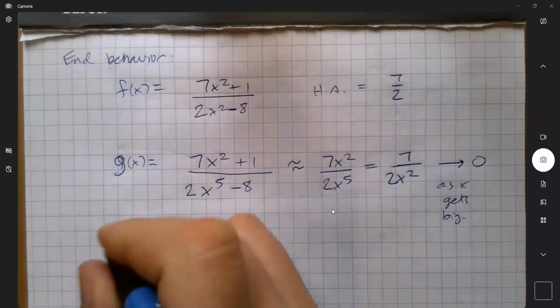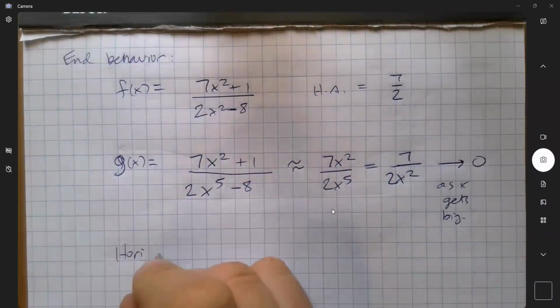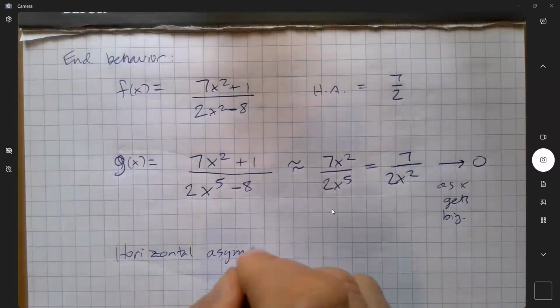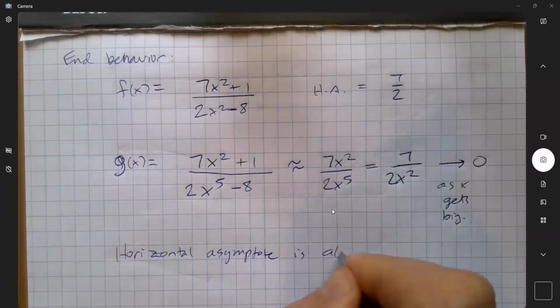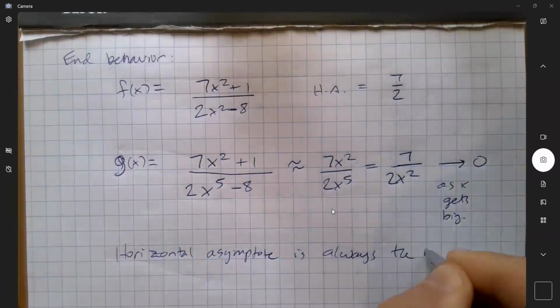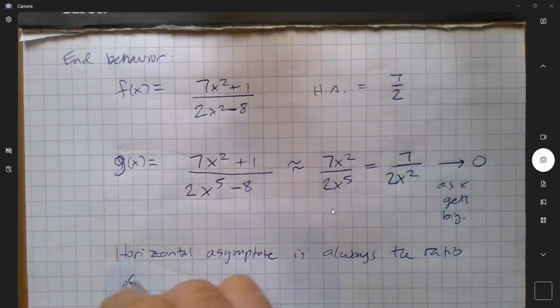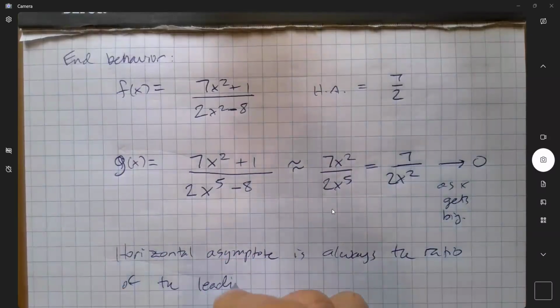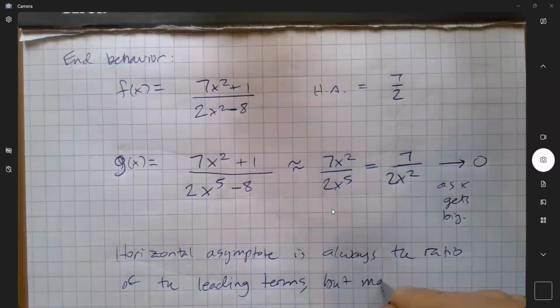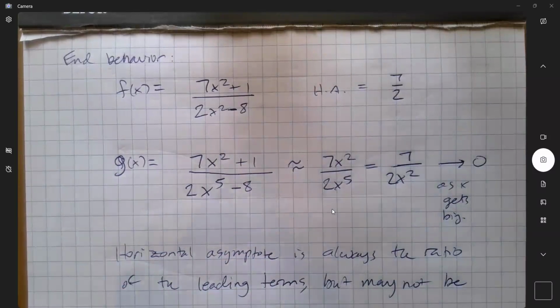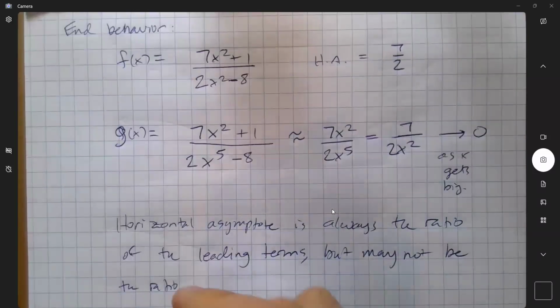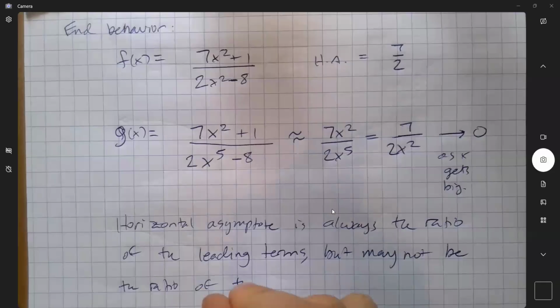So in particular, your horizontal asymptote is always the ratio of the leading terms, but may not be the ratio of the leading coefficients.